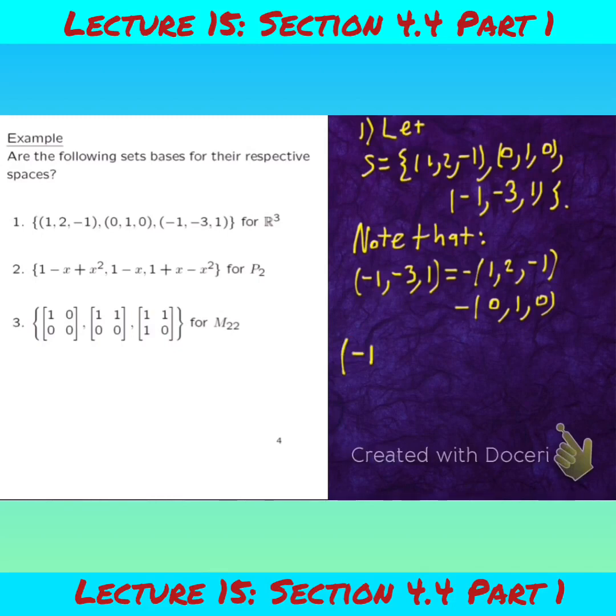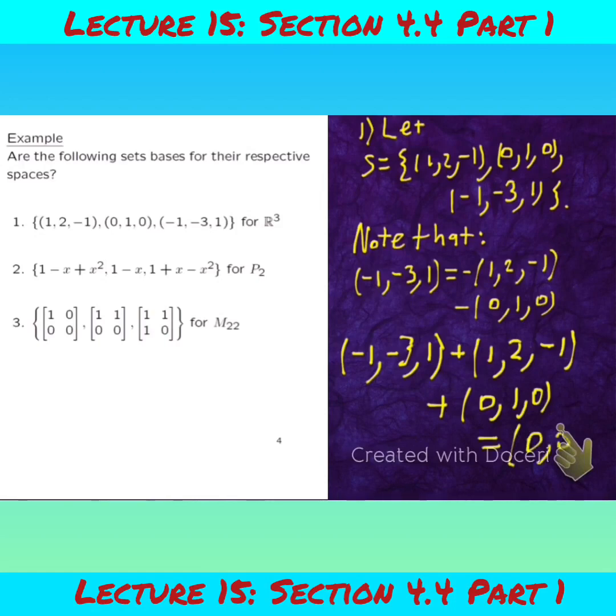This is true because if you look at the vector (1, -3, 1) and add it to the vector (1, 2, -1) and add that to the vector (0, 1, 0), we get the zero vector. So K1 is 1, K2 is 1, and K3 is 1.